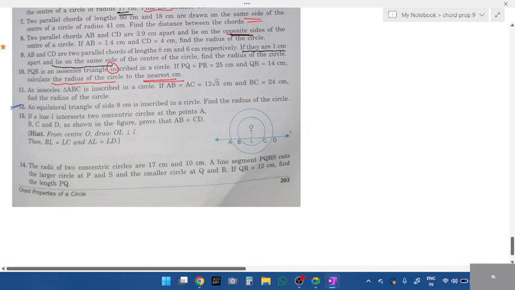Okay, 13. If a line is x, a, b, c shown in the figure, proving question. The radii of two circles, 17 and 10. Line PQ cuts. Find the length of PQ.